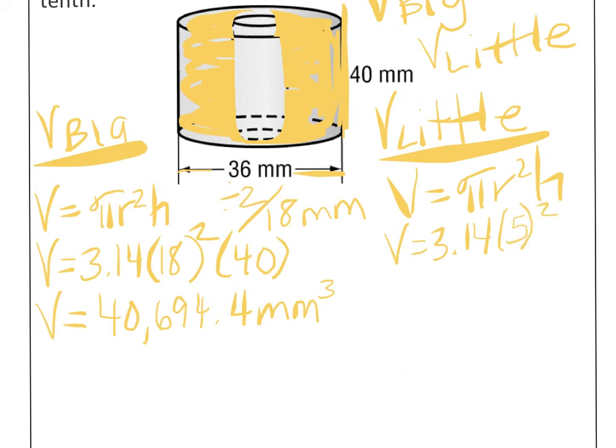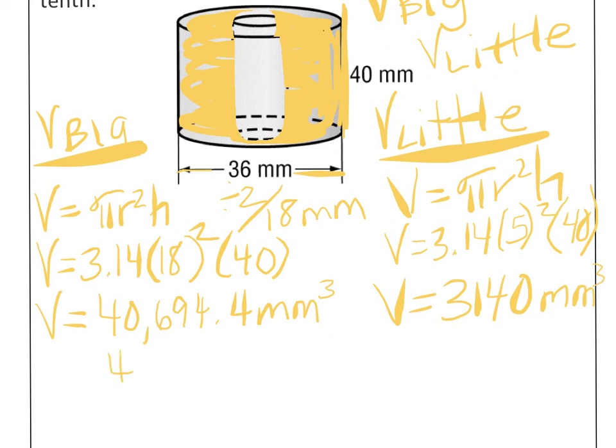And then the height of the little cylinder is the same as the height of the big cylinder, so I'm going to substitute 40 in place of the height. So when I multiply all of that, I get 3,140 millimeters cubed for the volume of the little cylinder. Now remember, I'm going to be subtracting those volumes to find what's left.